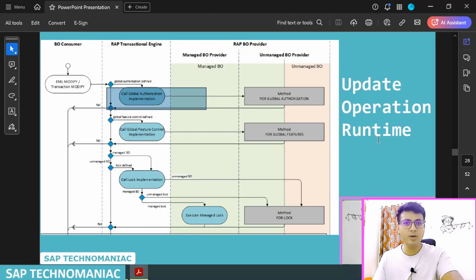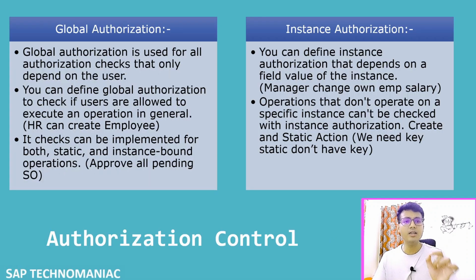For example, in the update operation, and not only update but also create and delete, the first method called is the global authorization. In this method, we check whether the user has access to do the create, update and delete operation or not. If not, we give an appropriate error and come out of that flow, and the operation is stopped there itself. This is called global authorization.